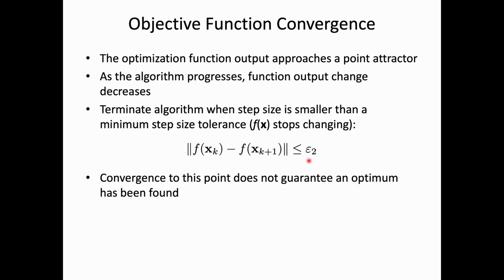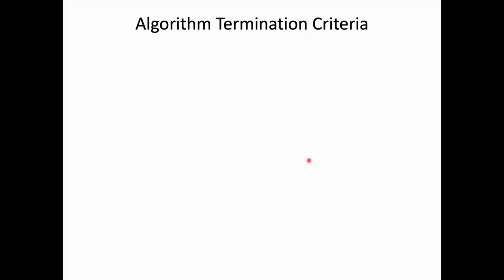Again, as with the optimization vector convergence, the objective function output no longer changing also does not guarantee that we have found an optimum, but it is a type of algorithm convergence.